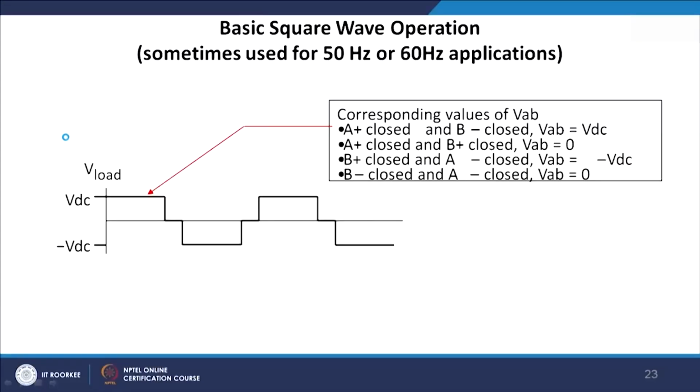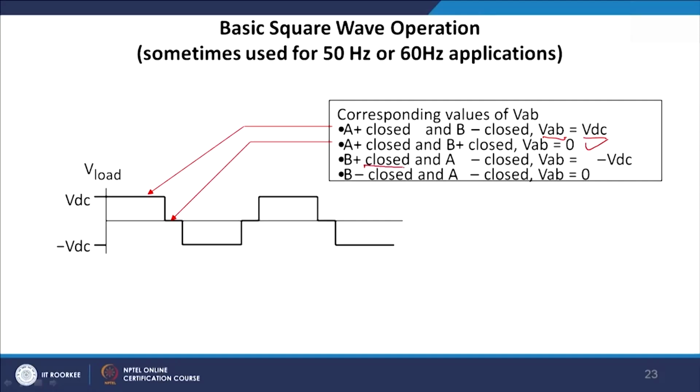Now ultimately this is a basic realization of the 50 hertz inverter. See that first A is closed and B is closed, you are getting VAB equal to VDC. Then A is closed and A plus is closed and B plus is closed, that means both the top terminals are being closed, so you are getting 0 voltage.